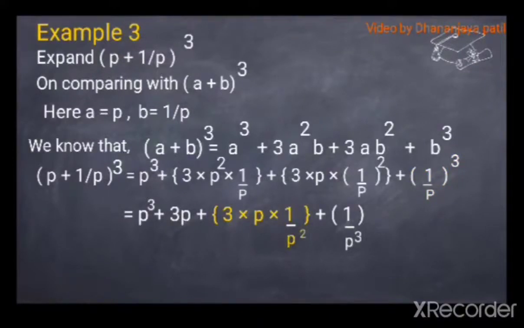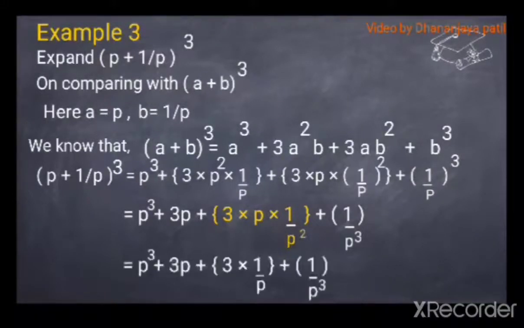Again here one p will get cancelled and we will get the answer 1 upon p. So after multiplication, that is 3 into 1 is equal to 3, here we get its answer 3 upon p.